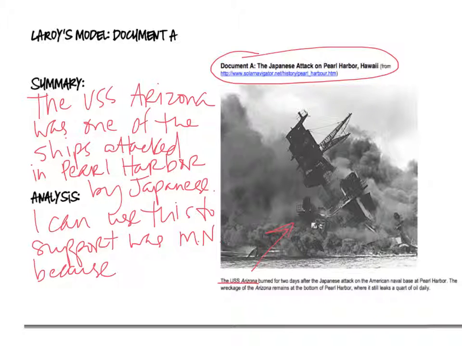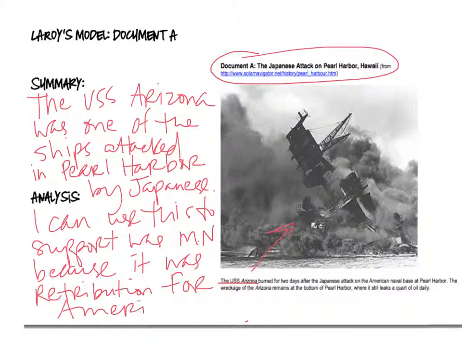So it was military. We were attacked on our land, so we needed to go and we needed to finish it. It was retribution for American lives lost. I'll put that there so that's not confusing.